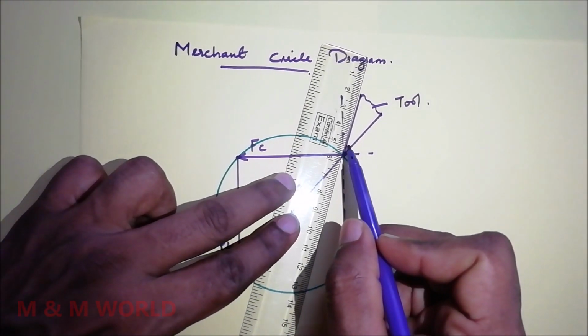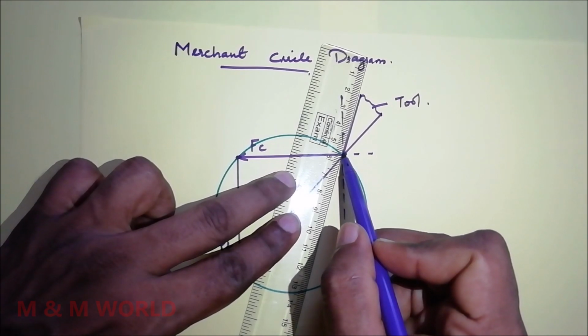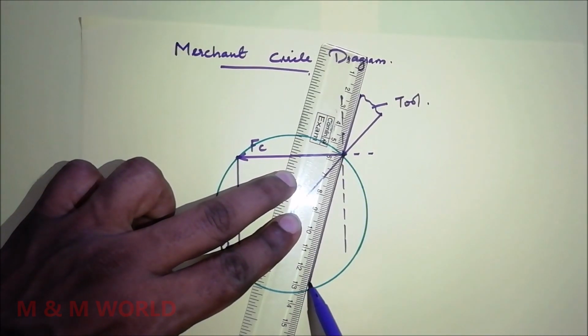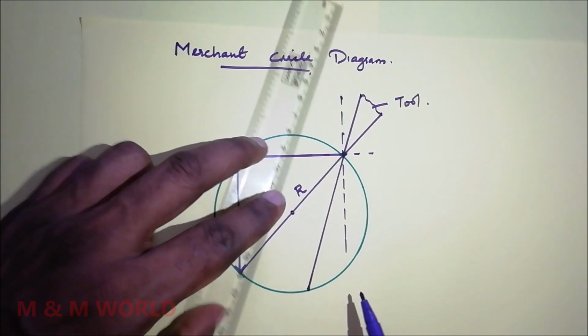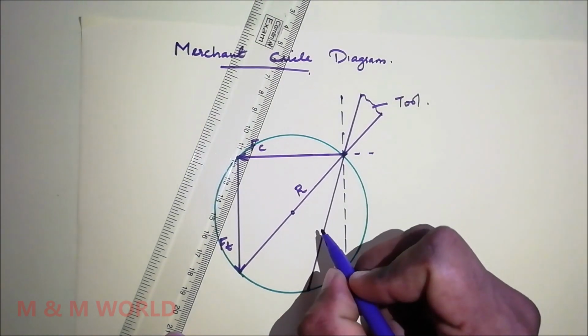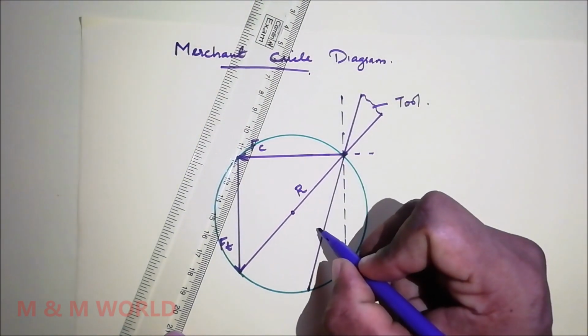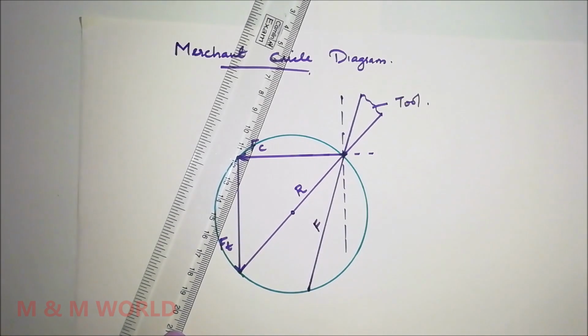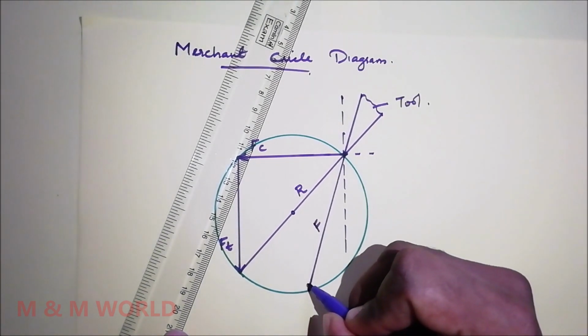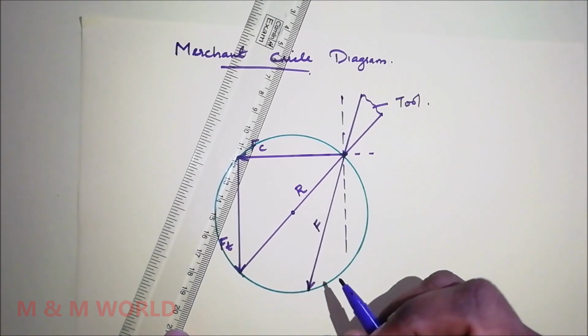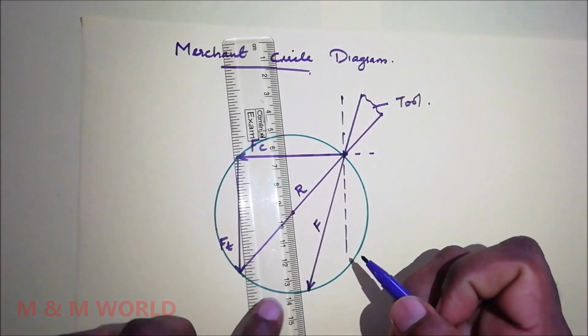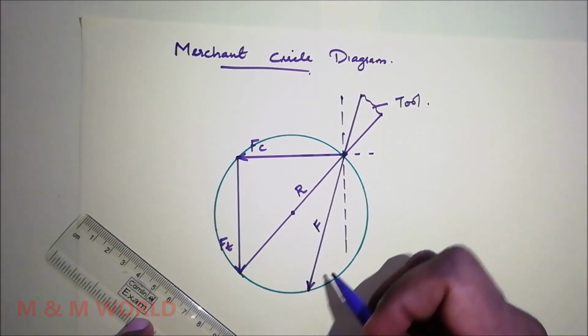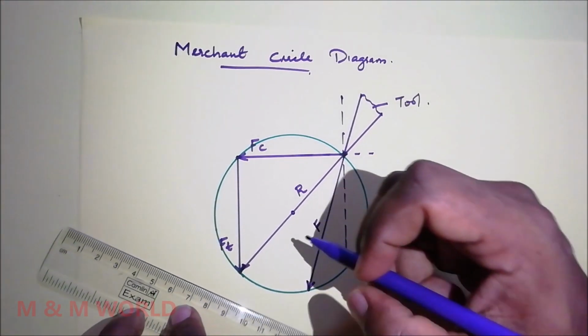So this is the face, and extending this line to the circle gives the friction vector F. Now from the head of the friction vector F, draw a line to the head of the resultant vector R.